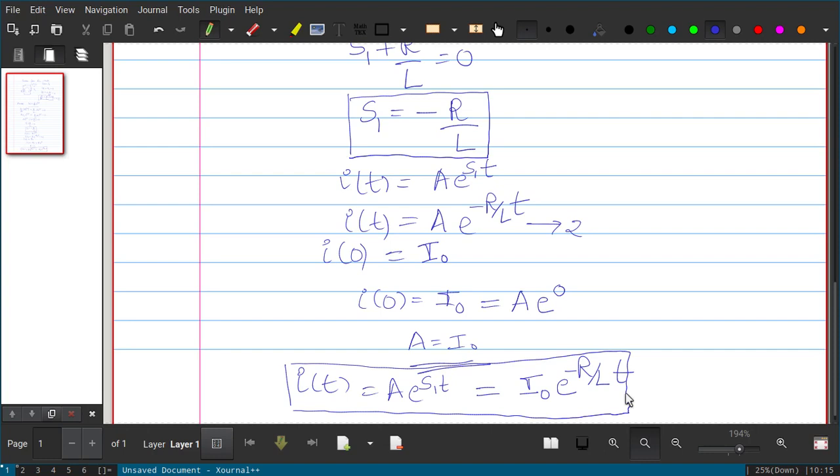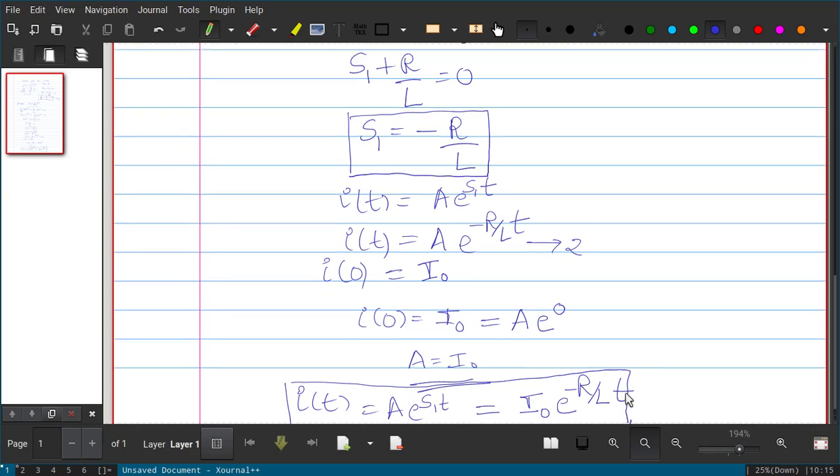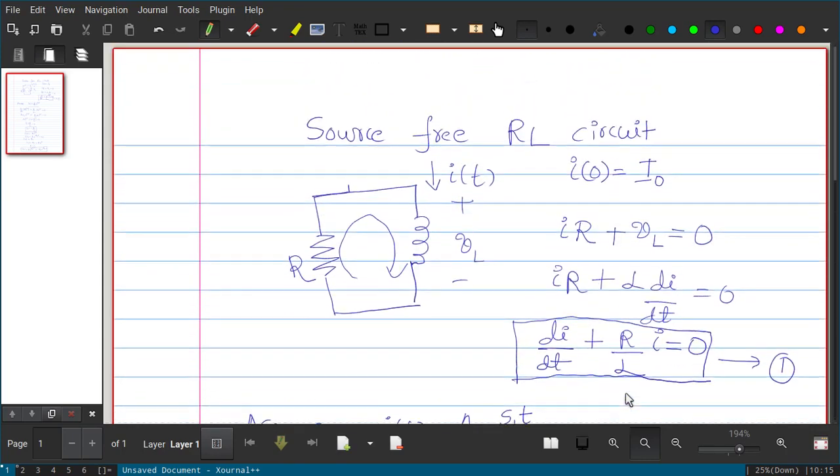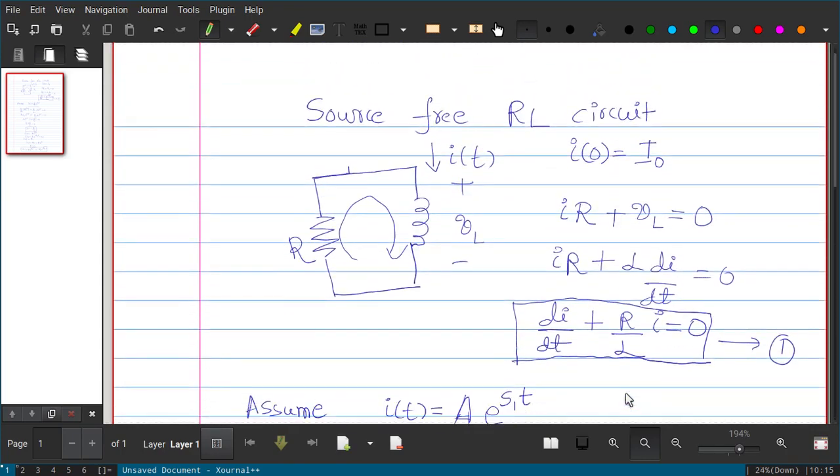So what information is it giving? The current, we will go back to that circuit. In this, the inductor is initially charged to a current of I naught. Now if you keep this circuit for a longer period, what happens?